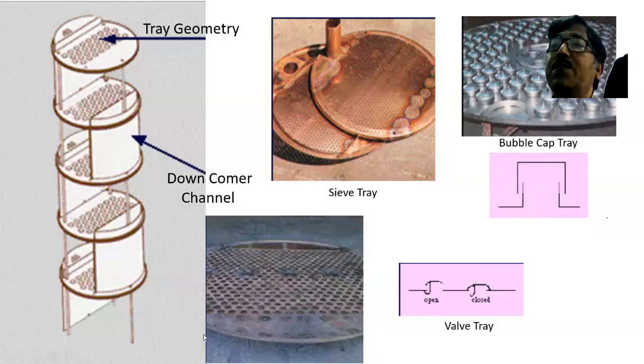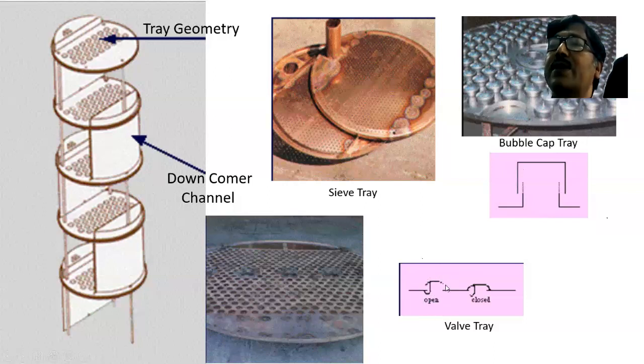Whereas in this valve tray, you can see it is represented in this way. That means when the pressure in the bottom section of the tray is high, then this valve will be opening and vapor will be bubbling through. And when pressure is low, it will be closing, so liquid cannot flow down.